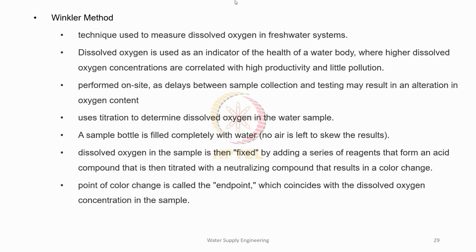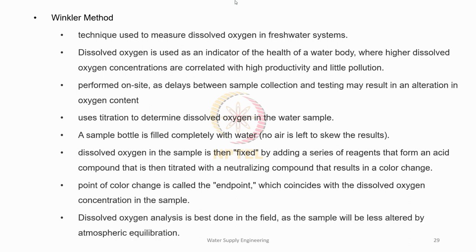These terms are common in all the titration methods. So whenever there's a color change or a disappearance of color, that particular point we call the end point. And this, in the case of the Winkler method, will coincide with the dissolved oxygen concentration in the sample.